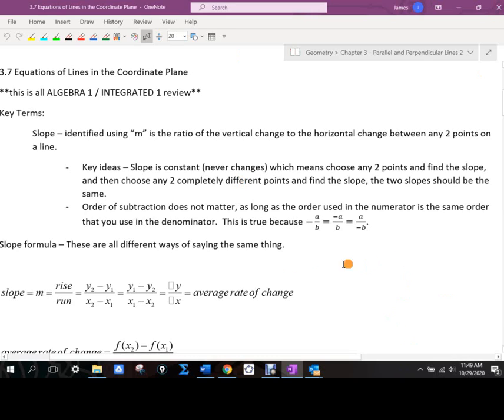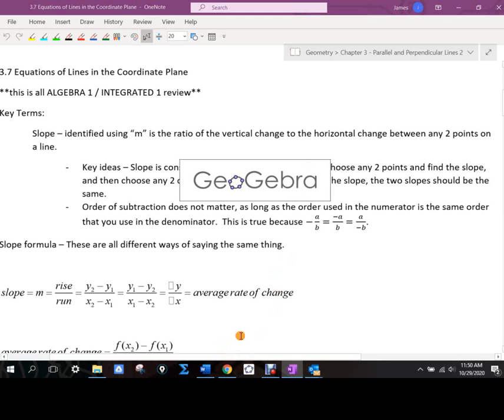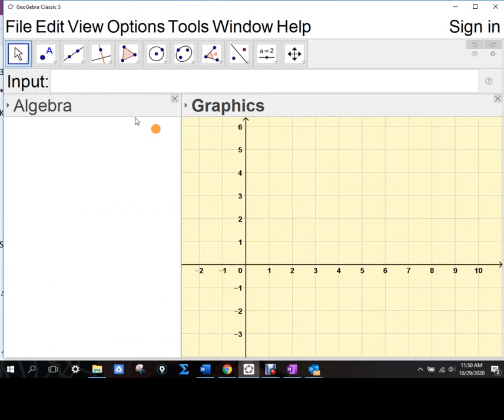So key ideas. Slope is constant. It never changes. So if I gave you 3 points, let's see here. We'll just do this in GeoGebra real quick.